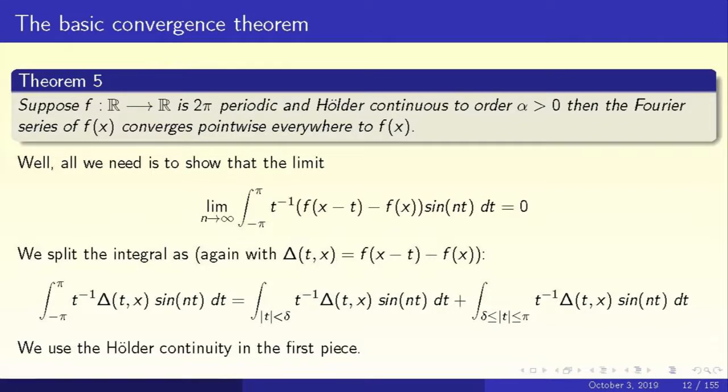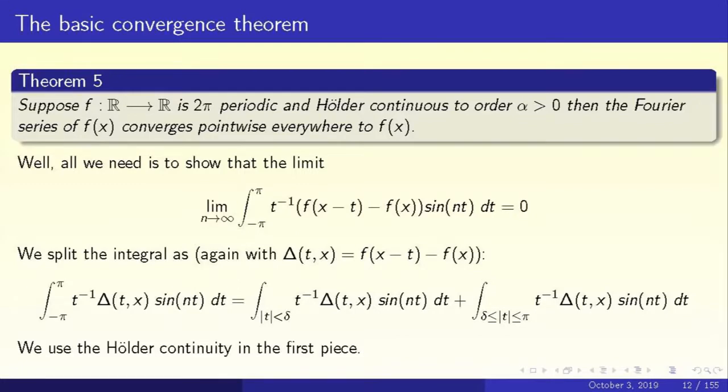The Fourier series gives you back the function f(x) that you started out with. So all we need to show, remember, is that the limit as n tends to infinity of the integral from minus pi to pi of (1/t) [f(x minus t) minus f(x)] sin nt dt is 0.